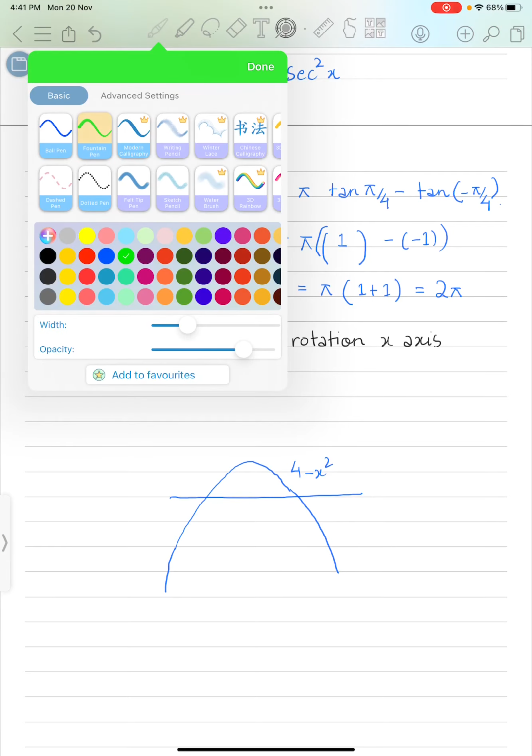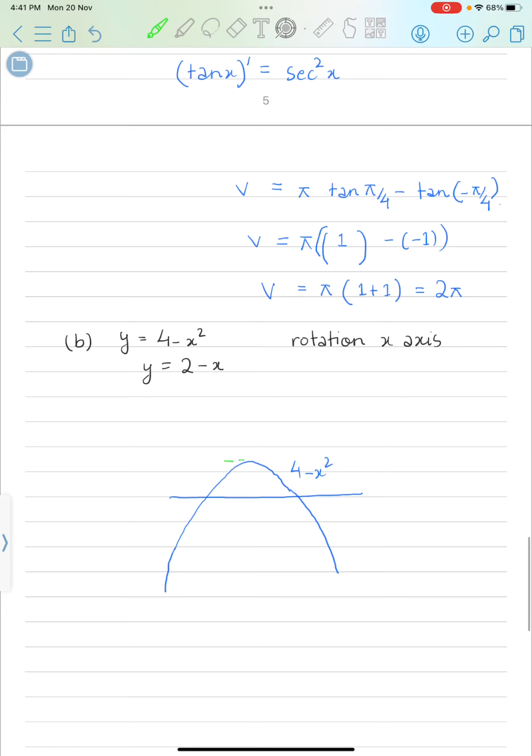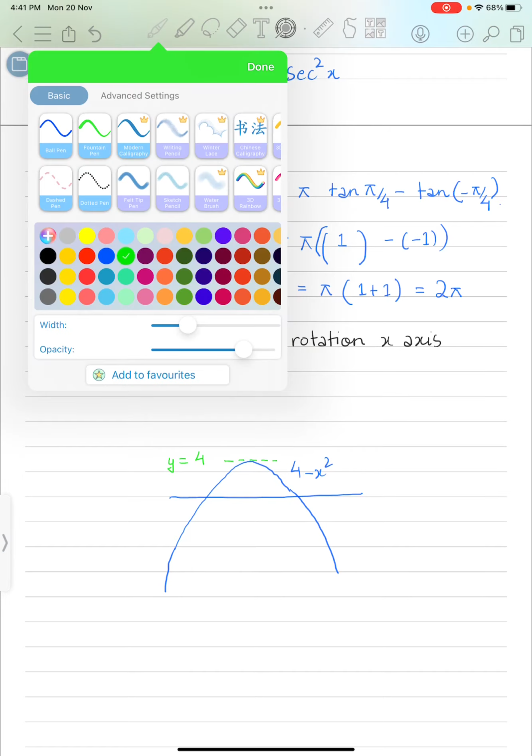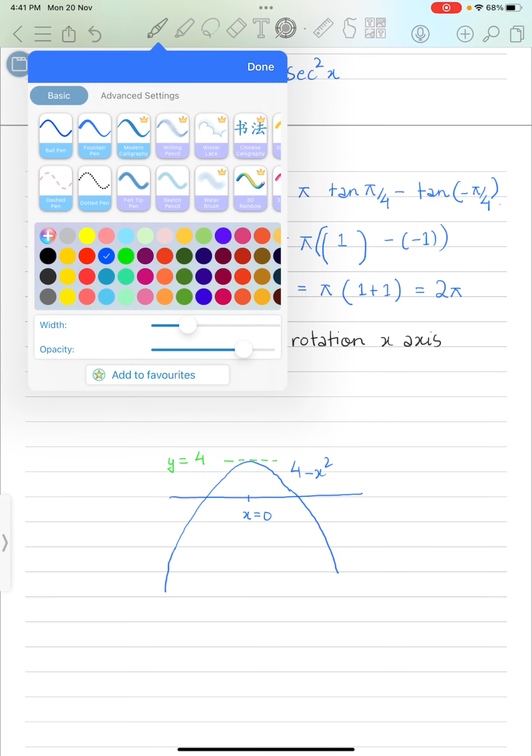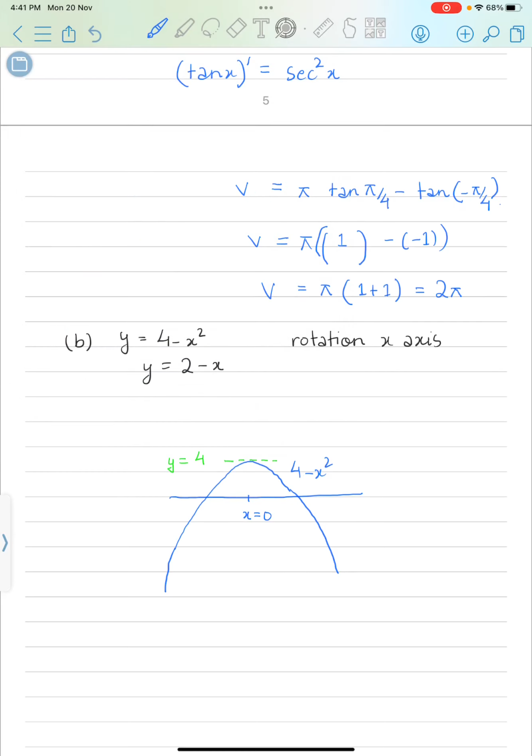This level is 4, y = 4, where x = 0 is this one. And now 2 minus x. So the y = x line is this.